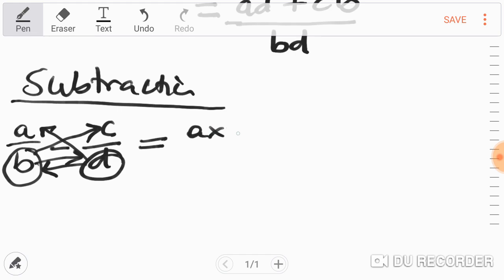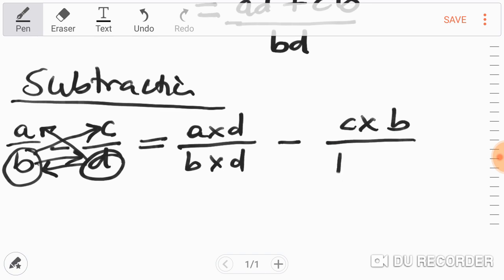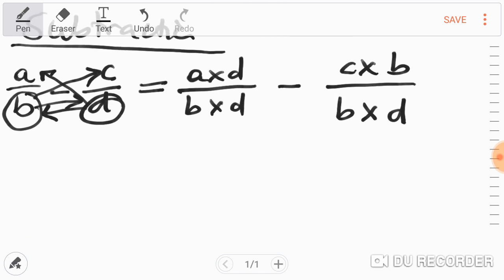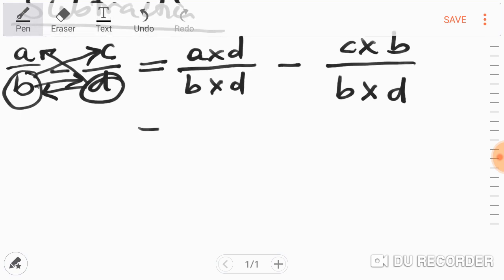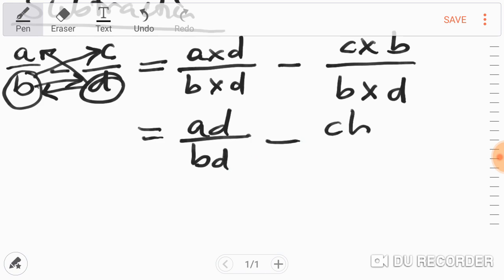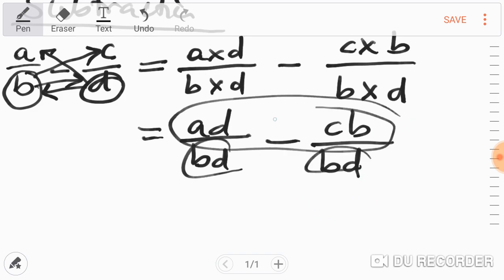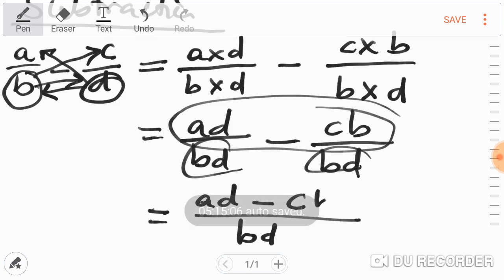Which will be a multiplied by d over b multiplied by d minus c multiplied by b over b multiplied by d, right? So you will get AD over BD minus CB over BD. Now the denominators are the same. We'll simply subtract the numerators. AD minus CB.